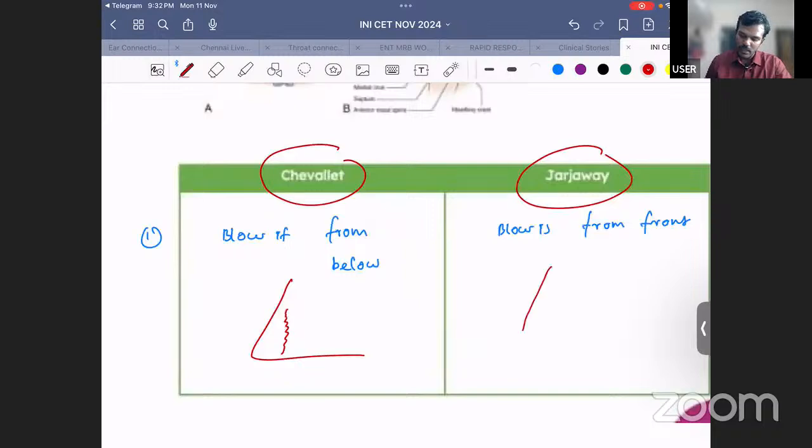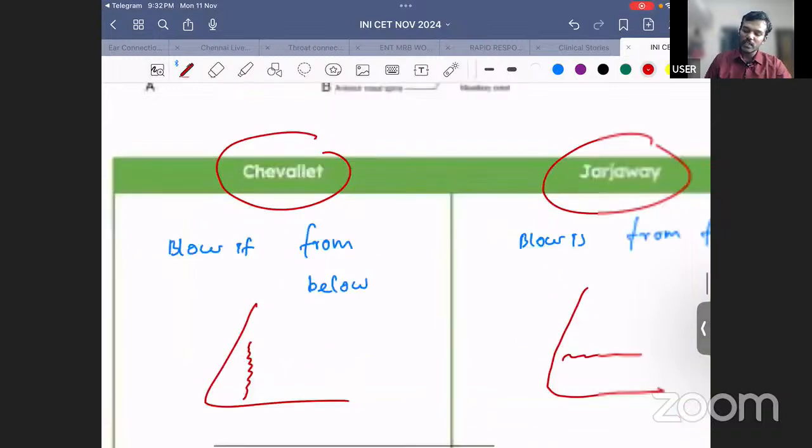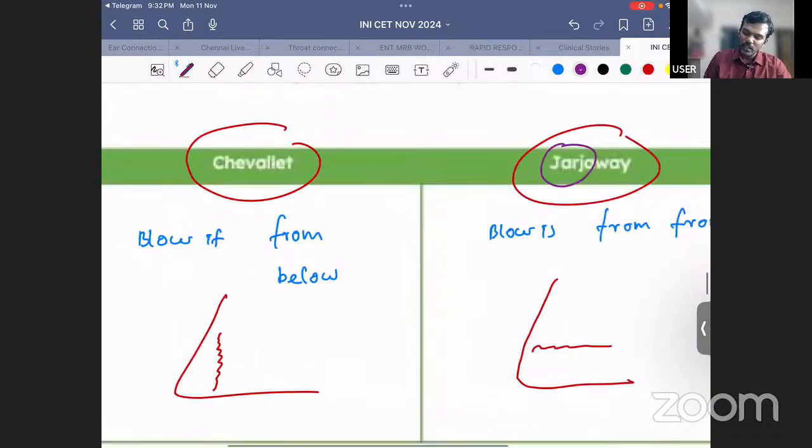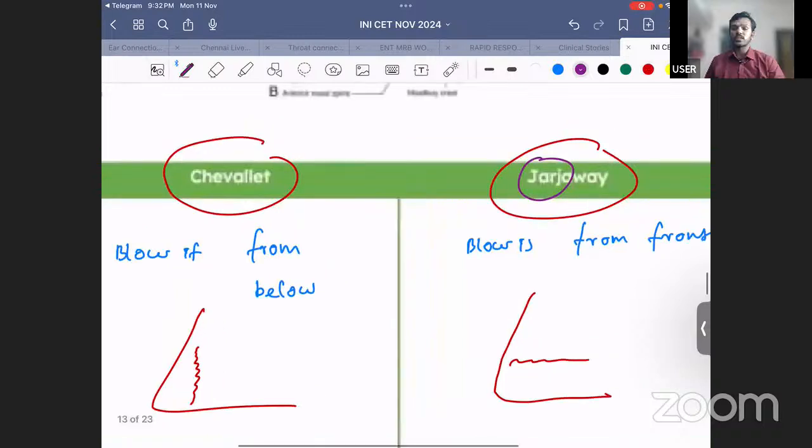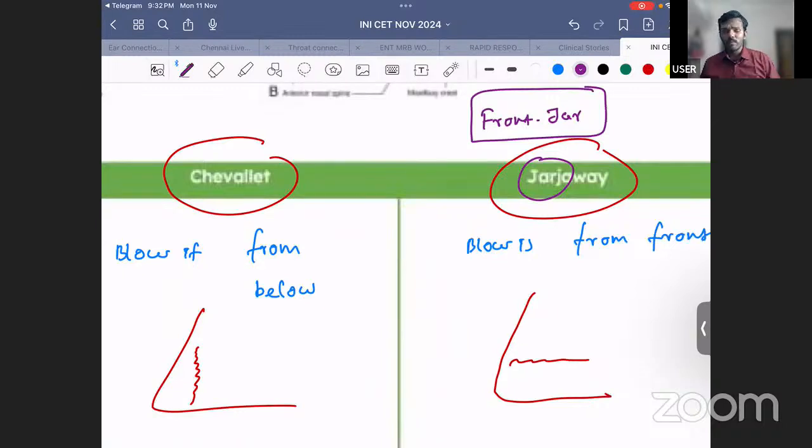If the blow is from the front, it is Jarjavay fracture, and the fracture line will be horizontal. Remember with a mnemonic: front, horizontal. If it is from below, there will be a vertical fracture line.